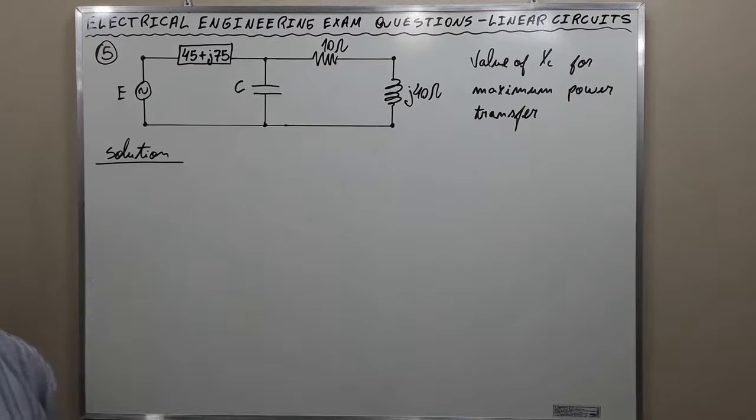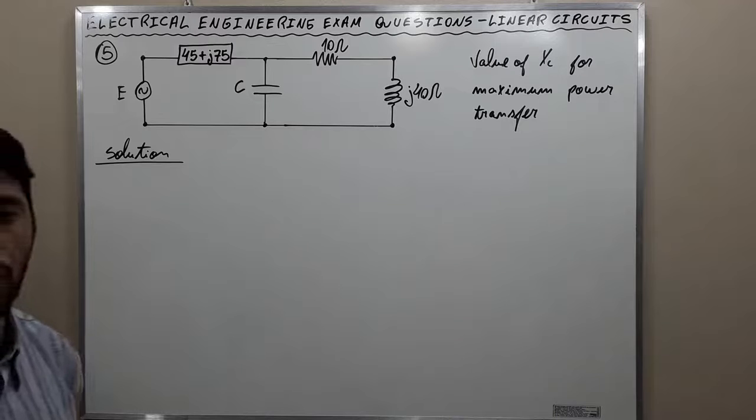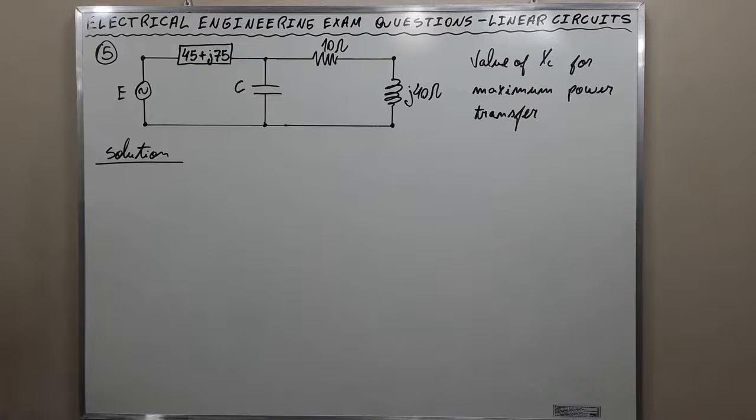For the circuit of the figure, what is the value of the capacitive reactance for maximum power transfer? Okay, my friends, this is the exercise. Let's go to the solution. How do we calculate the maximum power transfer?